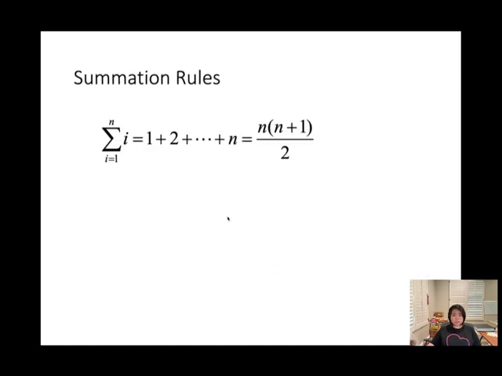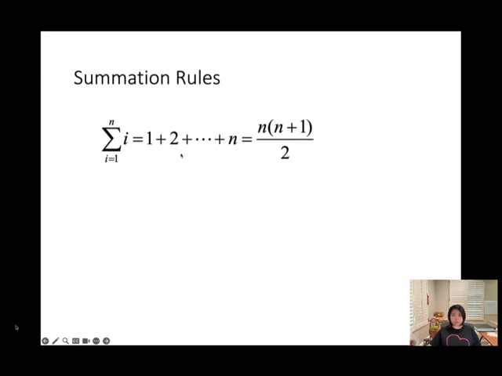Okay, and then summation rules. If I have the general term just i and I want to add it up from 1, 2 until the n terms here, this is going to be the formula. You're going to use n times n plus 1 over 2.